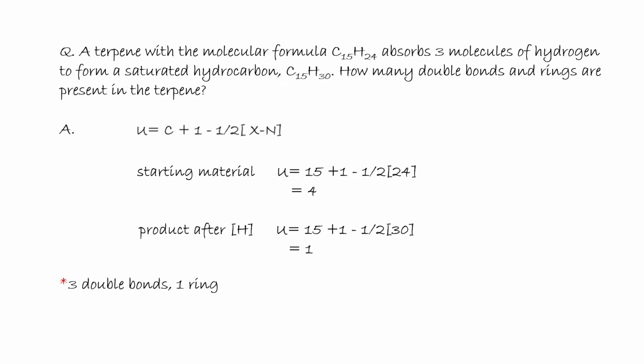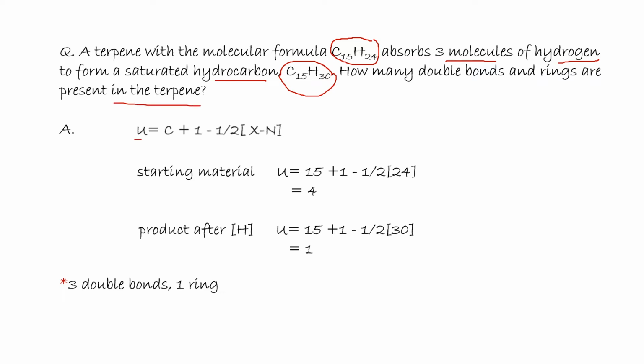Let's solve another one. A terpene with molecular formula C15H24 absorbs 3 molecules of hydrogen to form a saturated hydrocarbon C15H30. How many double bonds and rings are present in the terpene?